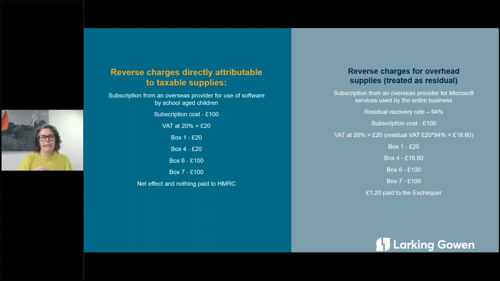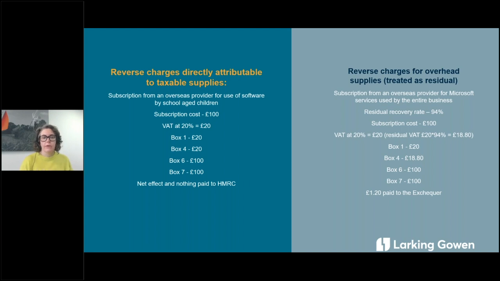The UK VAT that would be applied to that, if it had been supplied by a UK business, would be at 20%, so £20. What will go into your VAT return will be output VAT of £20 as though you had sold that license.